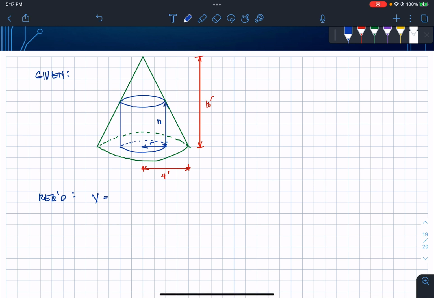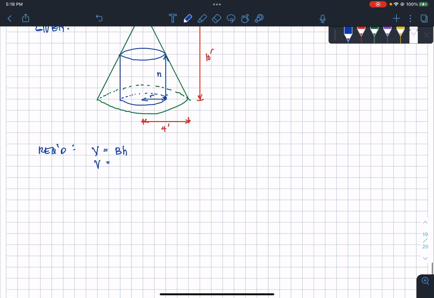So the volume of the cylinder is the one to be maximized. Diba the volume is the base times the height. However, the base is a circle, so the area of the circle is pi r squared, then multiplied by height. And that is the one to be maximized. So maximize the volume. But again, so we have two.